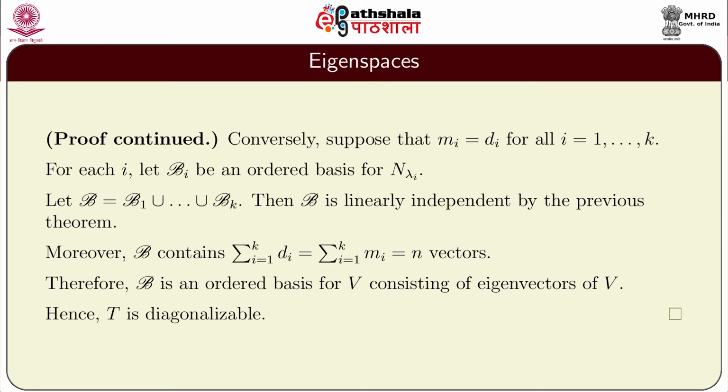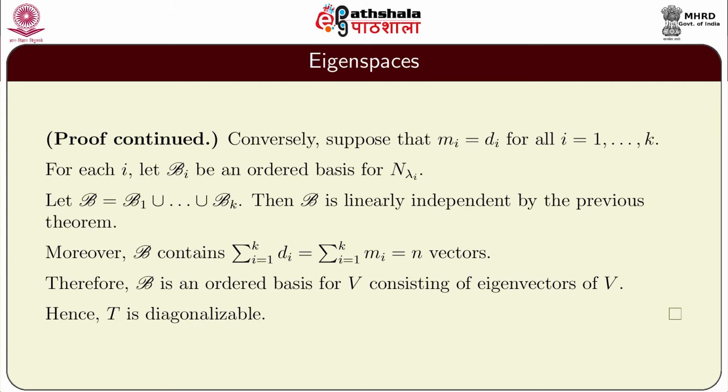Conversely, suppose that Mi is equal to Di for all i equal to 1 to k. For each i, let Bi be an ordered basis for the eigenspace of lambda i. Then we know that their union, which we call B, that is B1 union B2 up to union Bk, B is linearly independent by the previous theorem.